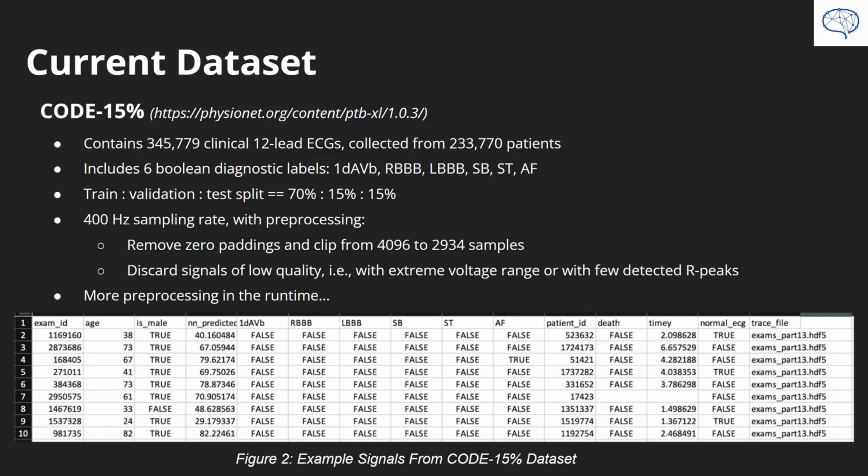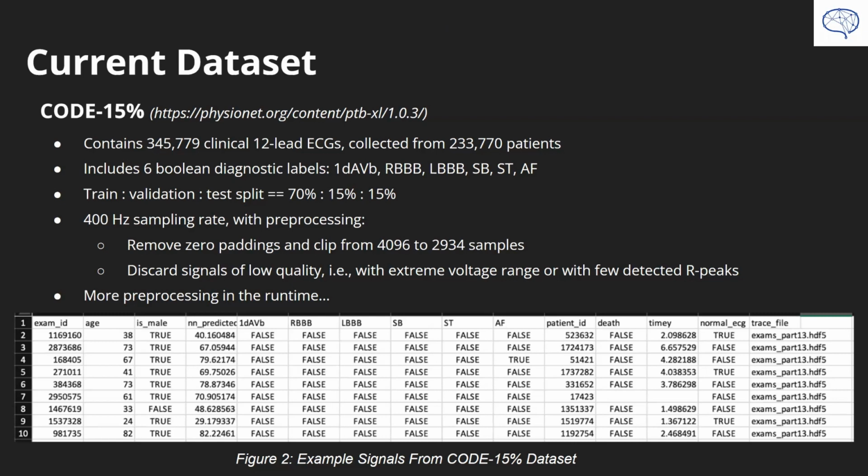So we remove the zero paddings and clip all the signals to 2,934 samples. And second, some ECG signals contain extreme voltage values, usually appearing at the end of the signal when the leads are detached from the patient's body, which cause large losses or even NaNs in our models. Some other signals are too noisy to be useful. So we discard these low-quality signals when we're storing the dataset.